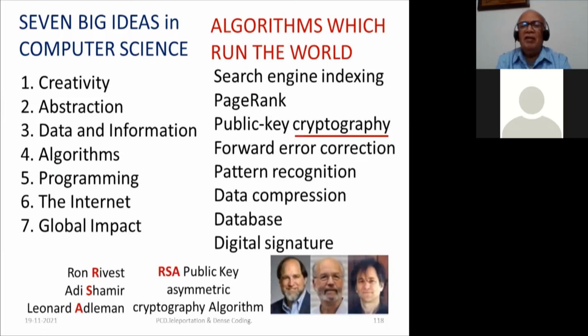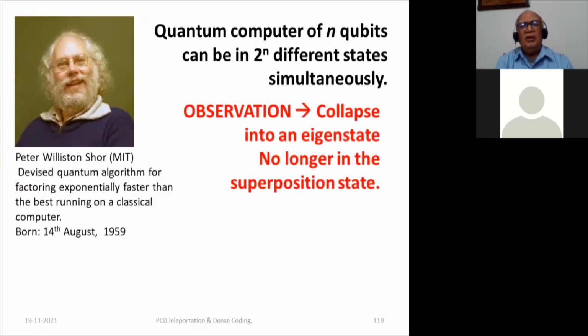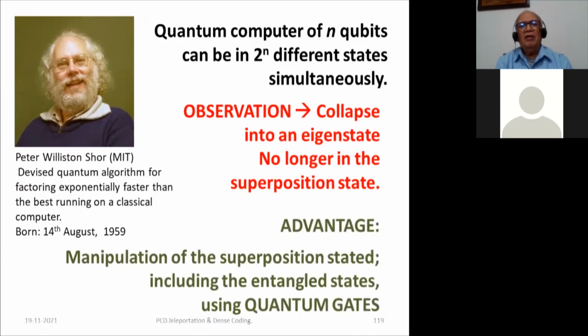Cryptography is of great relevance because of information security, and the RSA, named after Rivest, Shamir, and Adleman, public asymmetric cryptography algorithms can be cracked. There have been these RSA challenges, and what enables this are algorithms such as Shor's algorithm, in which you can factorize large numbers and so on.